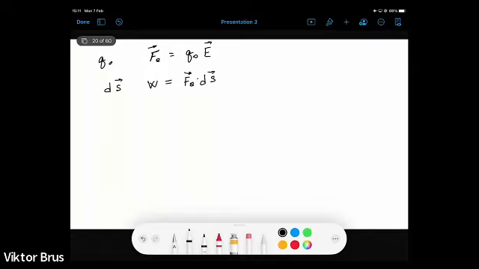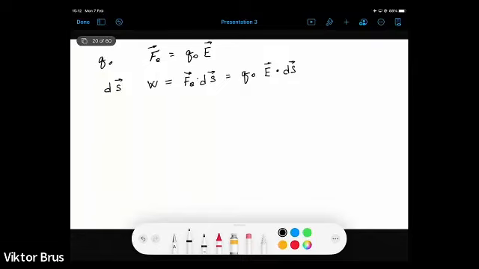So if we write it further here, it will be Q naught times electric field vector dot product ds vector. So that is the expression for work done by the electric field.